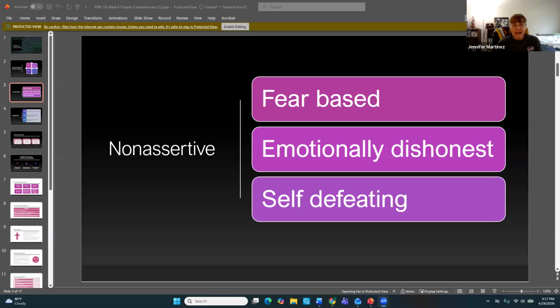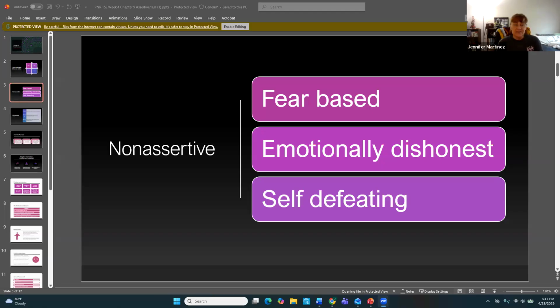Lack of eye contact, swaying, shifting from one foot to the other, lots of complaining. There's also hesitancy when speaking. And so the overall message with a non-assertive communication behavior is saying that I don't count, right? My feelings, my thoughts, my ideas, they don't count. You're the one that counts.